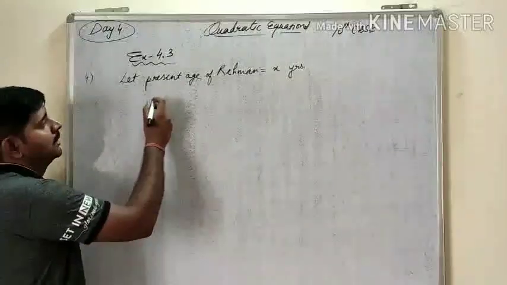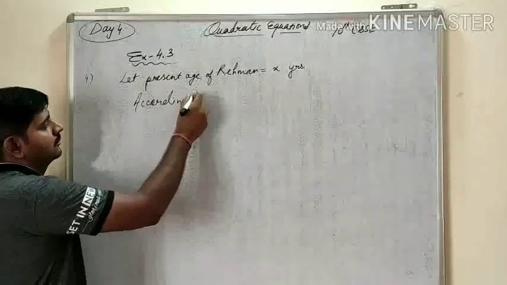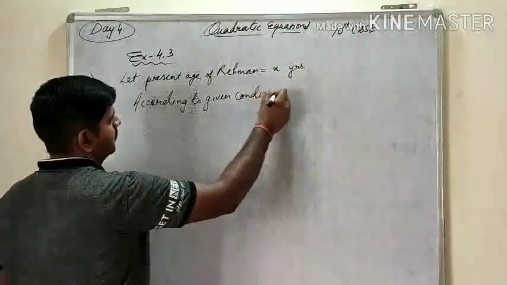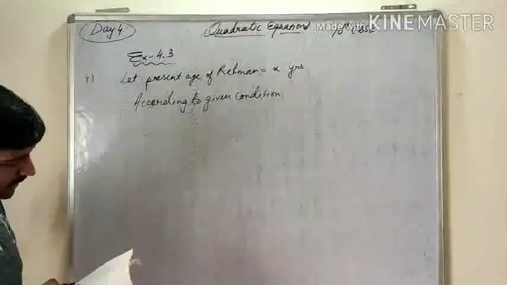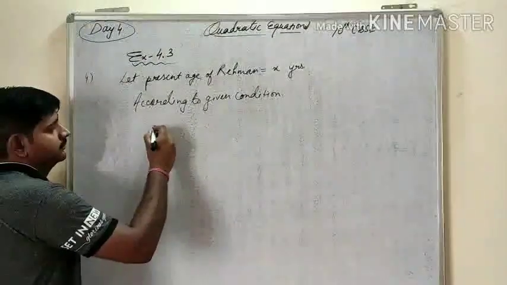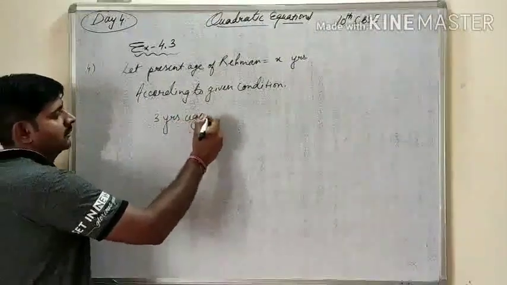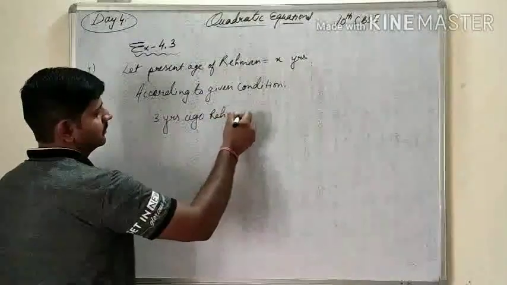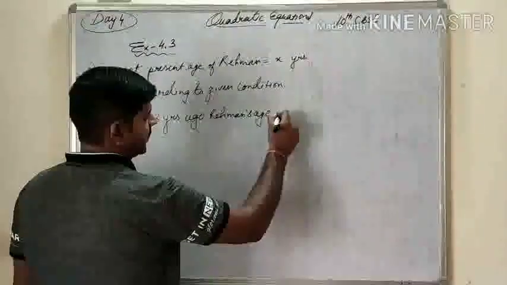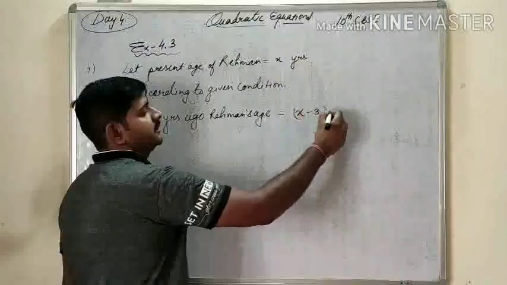Now, according to the given condition, Raman's age 3 years ago was, if present is x, we subtract 3 years, so x minus 3.